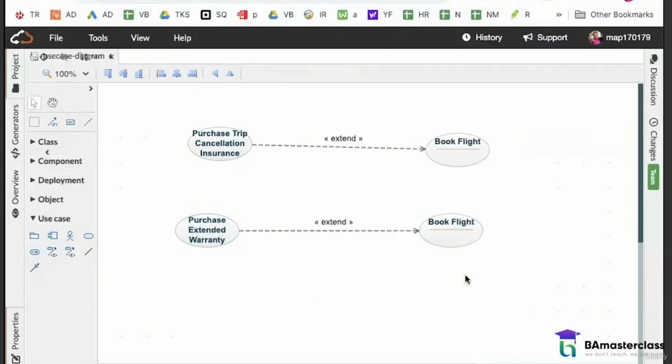All right. So these are two examples of an extend relationship.